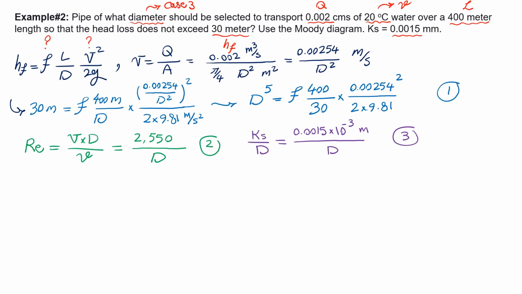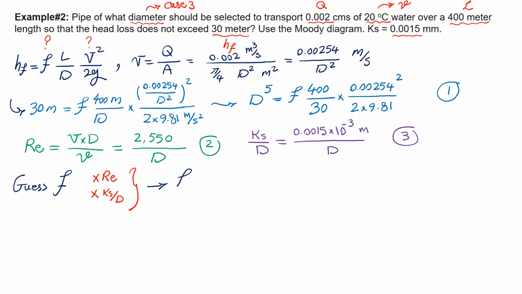All right, so the next step is to guess a value for friction factor, or F. And again, as I said, this is going to be a very wild guess. Why? Because I do not have the value for Reynolds number, and I do not have the value for K sub S over D. So I'm going to just go ahead and pick a number that I think is reasonable.